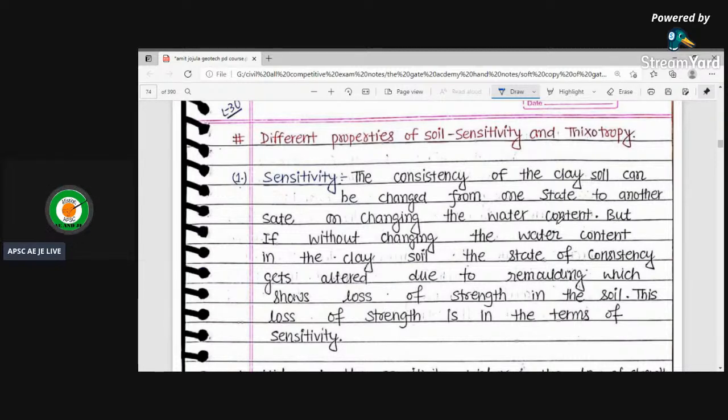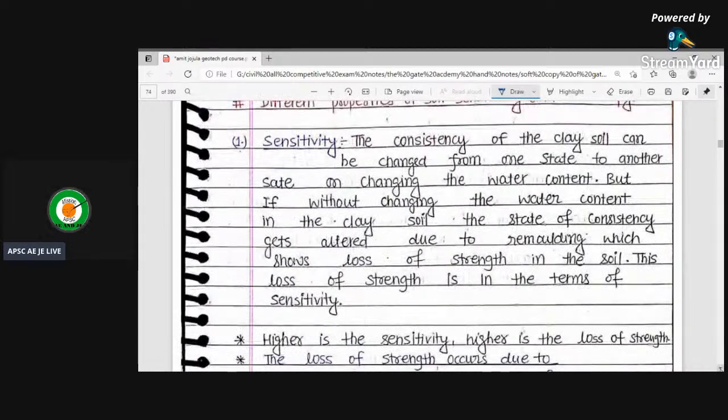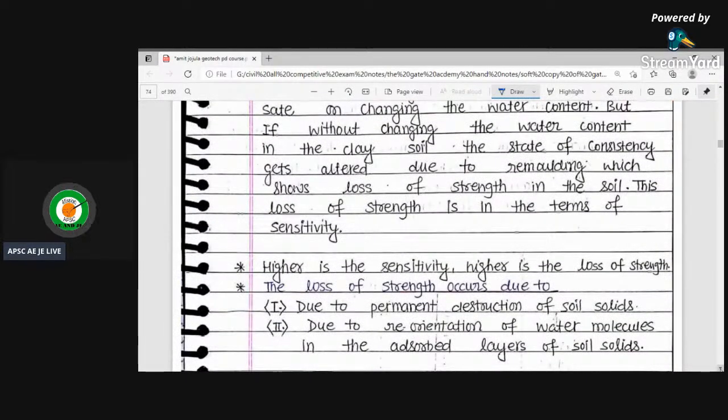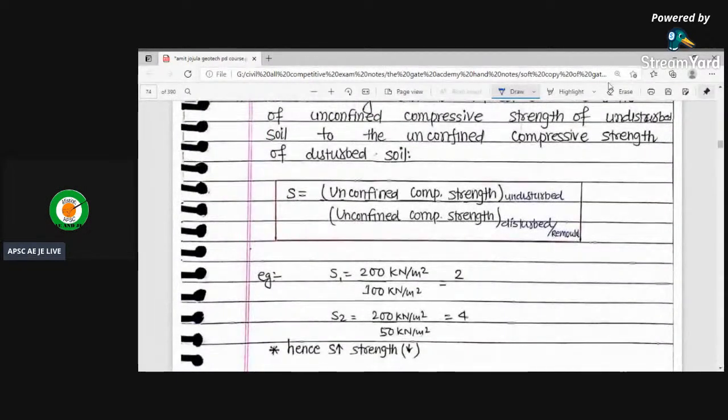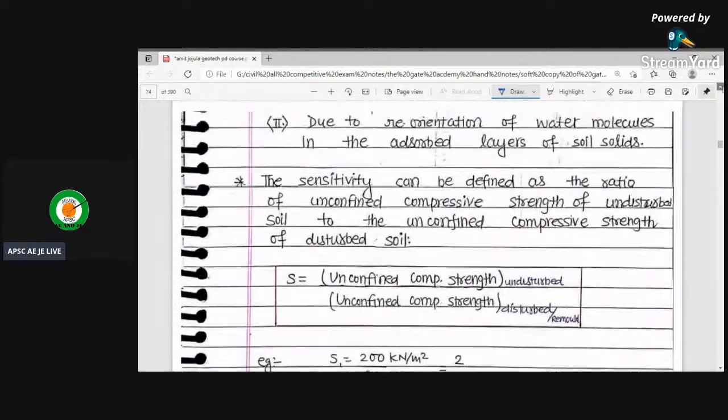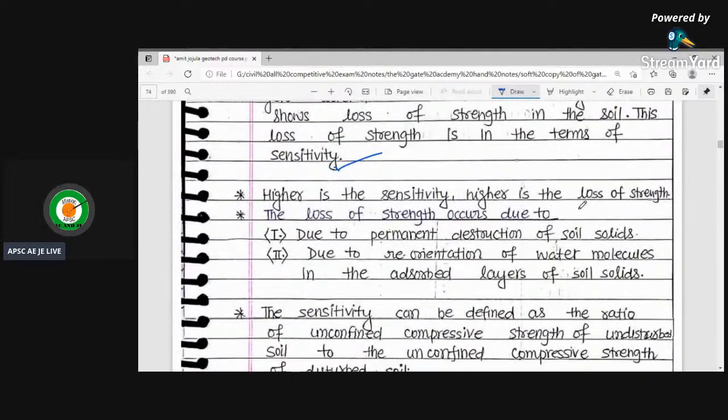So কিছুমান remolding হৈ থাকে soilৰ মাজত. So that's why কিছুমান strength soil loss কৰে. So this loss of strength is in the terms of sensitivity. So সেই lossটোকে আমি sensitivity বুলি কওঁ. Higher is the sensitivity. যেতিয়া আমাৰ sensitivity value to high হয়, it will higher the loss of strength.